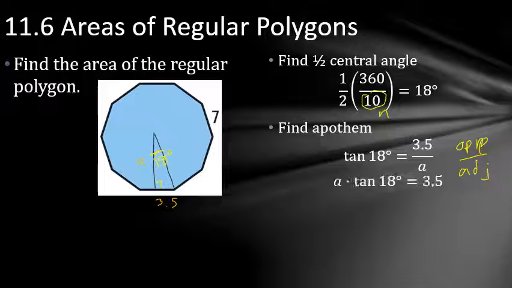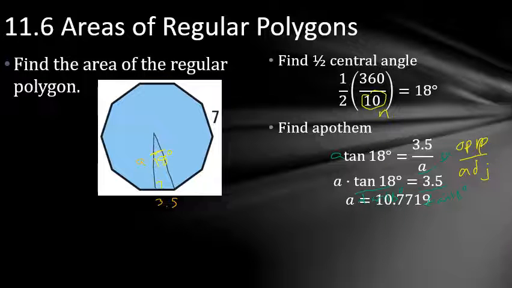Multiply both sides by A, and divide by the tangent of 18, and A turns out to be about 10.7719.